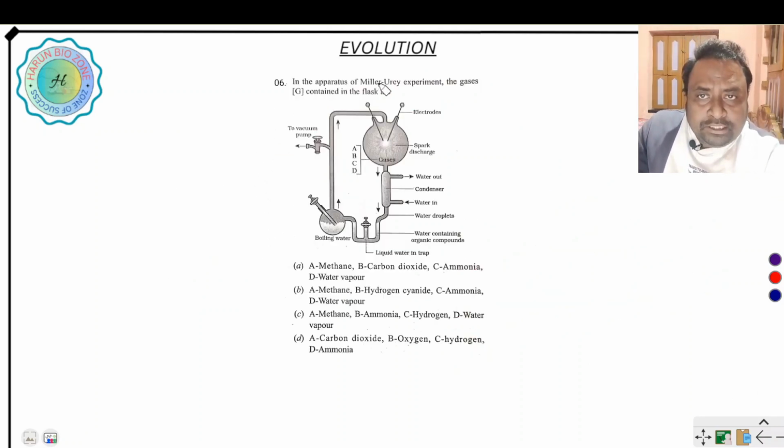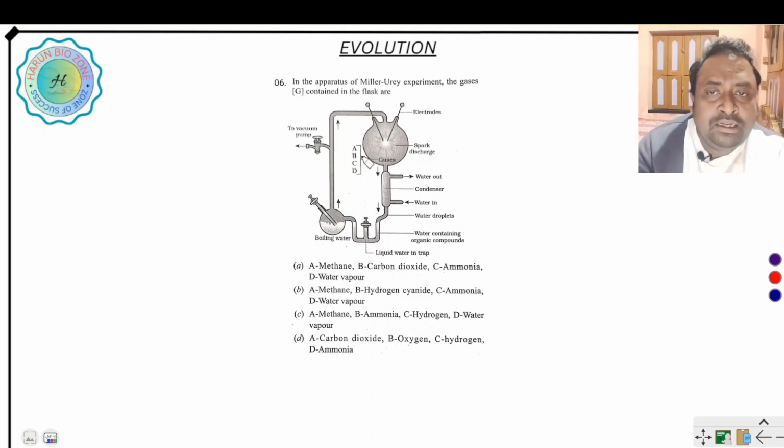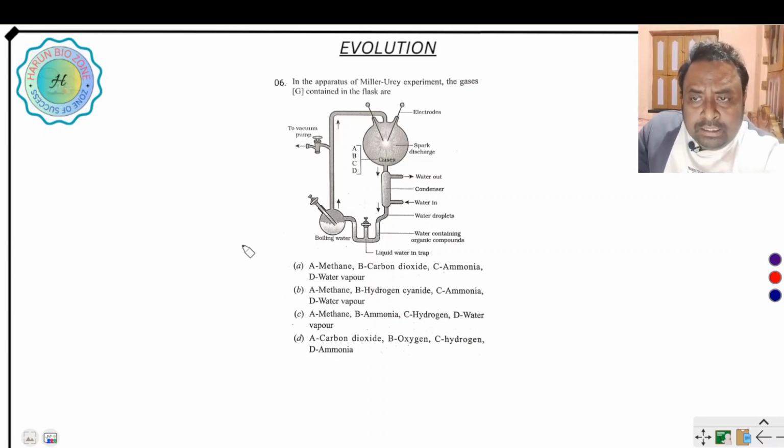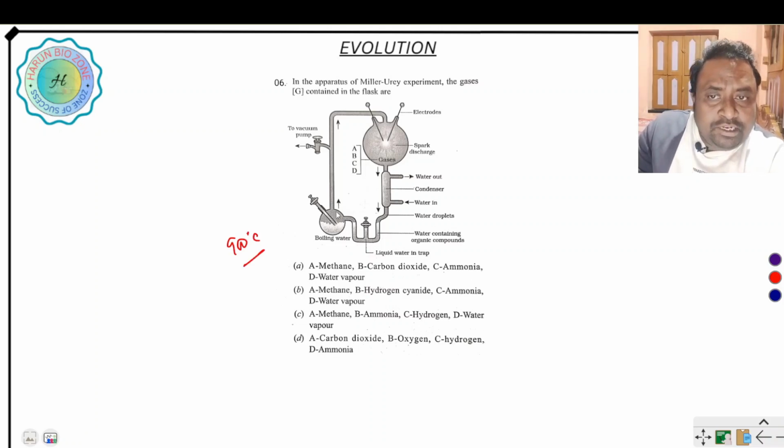In the apparatus of the Miller experiment, what are the gases contained in the flask? This is the primitive or first stage of Earth, where the Earth's temperature is about 900 degrees centigrade, boiling temperature. Here water vapor is produced from this tube.